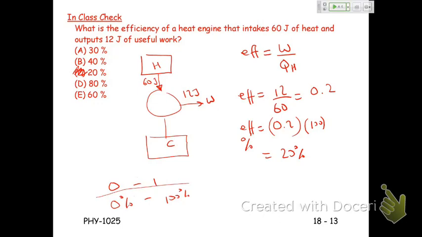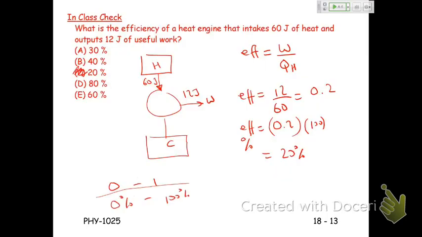I can make it a bit more interesting. I don't have to give you just those two numbers. I could say that this is 48 here.